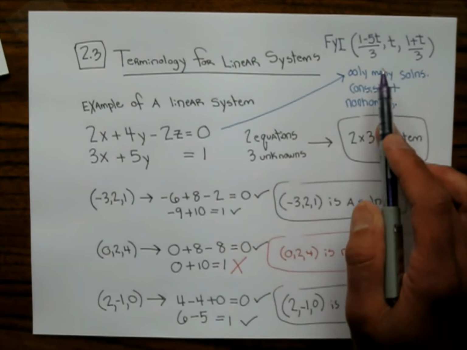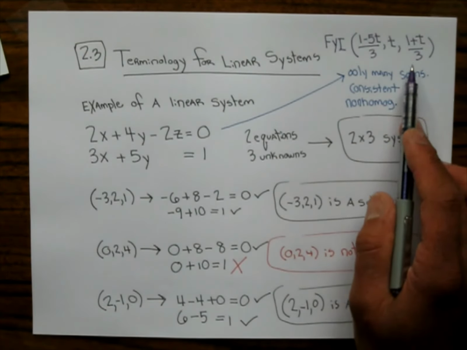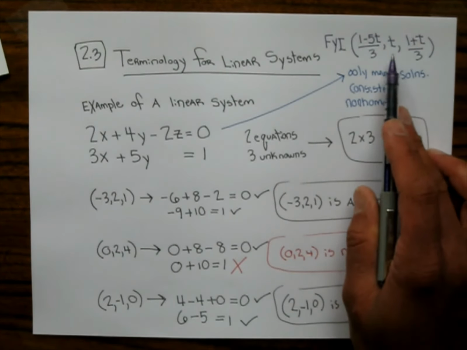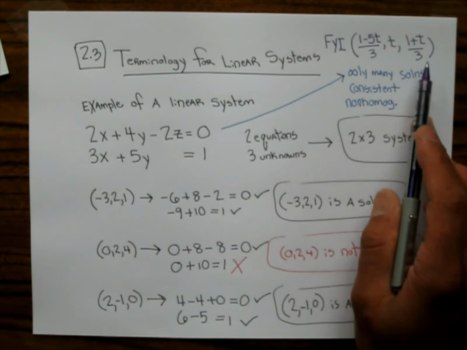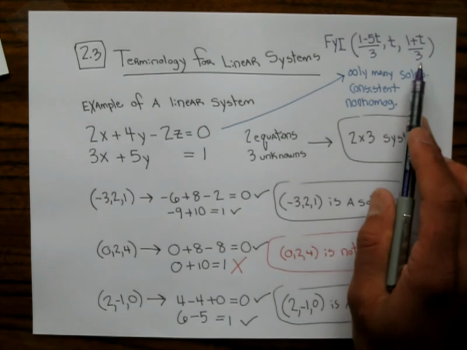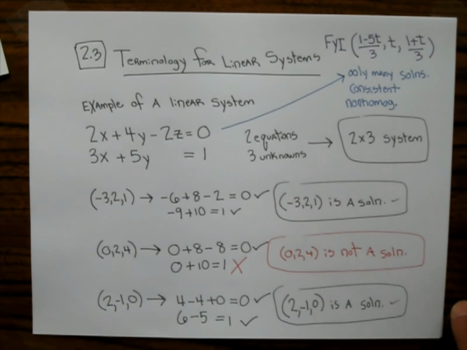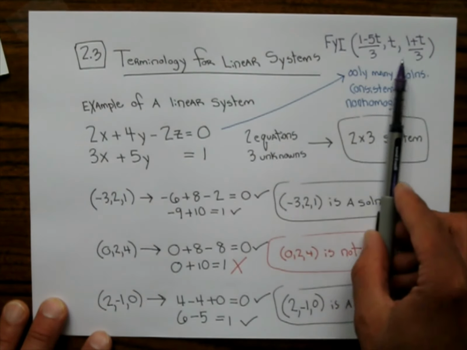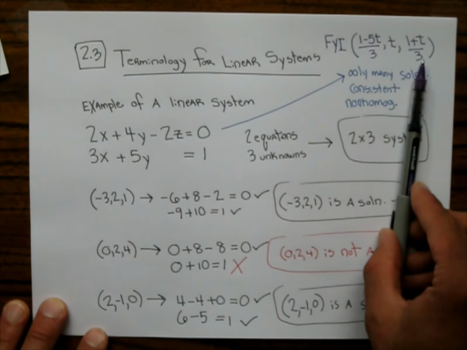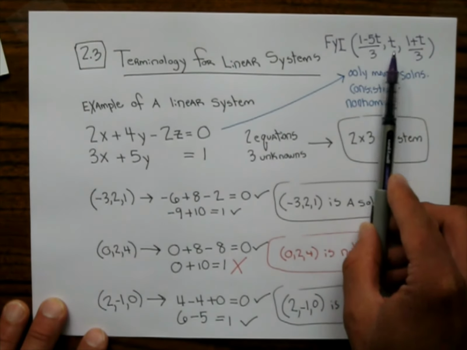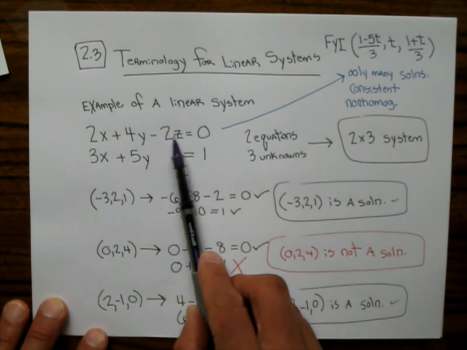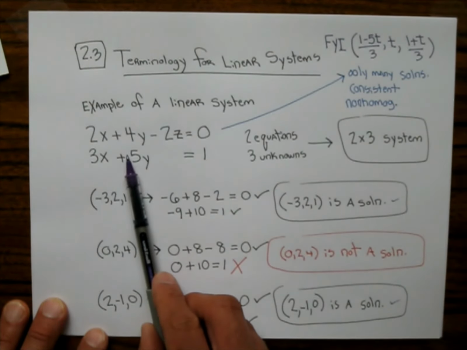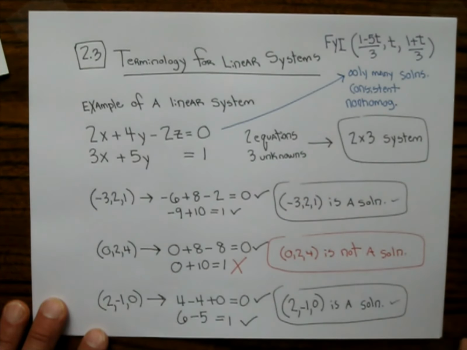But not only that, with parameterizations of lines, you can have infinitely many different ways of representing that line. So this is just one parameterization that captures all the solutions. If you're worried, should I know how to get that? No, not right now. You can plug these expressions in for x, y, z in each of these two equations and find that the t's go away and you will get equalities.